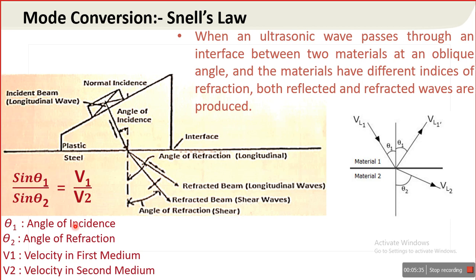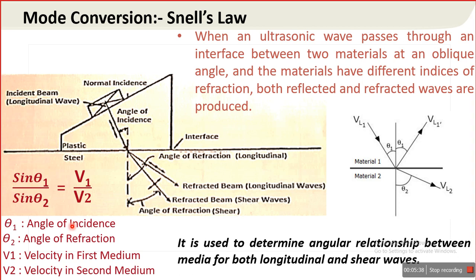With the help of this relation, we get a relationship between the angle of incidence and refraction as well as velocity. So it is used to determine the angular relationship between media for both longitudinal and shear waves.